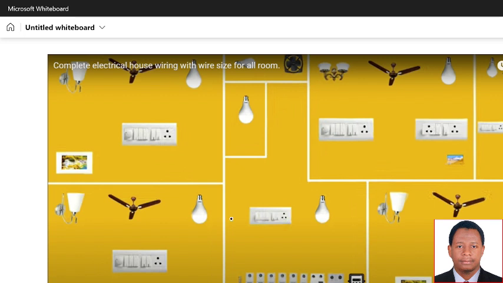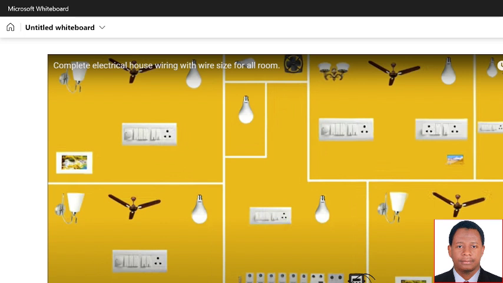Now, this is our energy meter. This one is our energy meter. It's going to measure the energy consumed by our whole house. Now, as we saw in the previous video, the previous example, this one is a double pole circuit breaker.